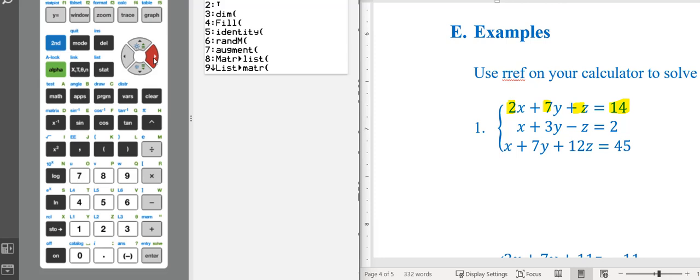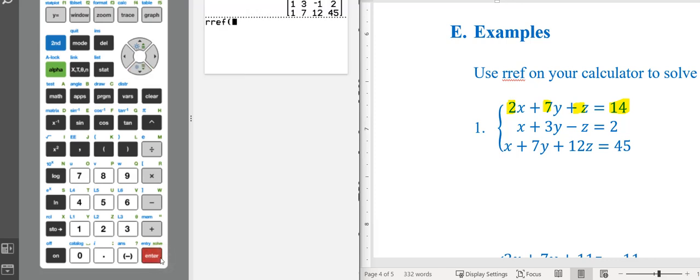You can either arrow up, or if you arrow down, you've got to arrow down quite a ways, down to letter B, RREF. Don't do REF, make sure you do RREF. Hit enter. Now you want to do RREF on matrix A. Oops.